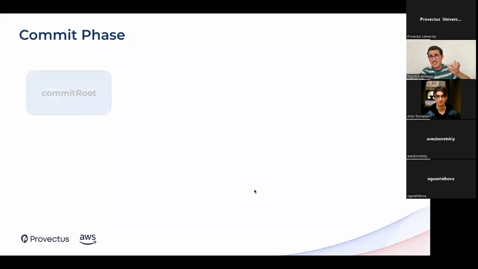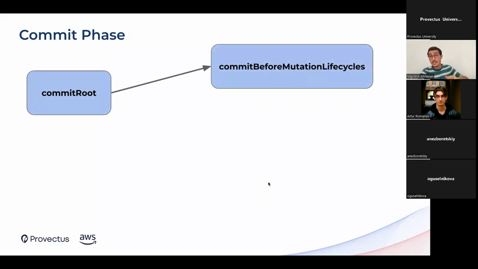And the commit phase is basically just one function in the source code. It is a commit root function that calls the commit before mutation lifecycles. These are all of those lifecycles in the class components that I don't remember anymore, and most of them are deprecated now. You are calling those before mutation lifecycles.